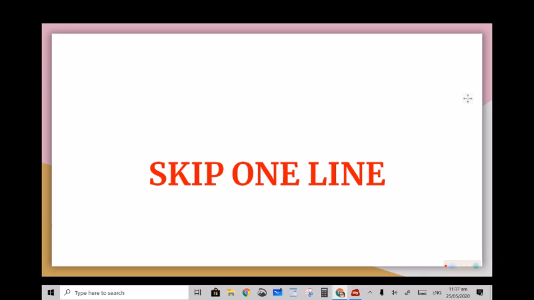Then again, you skip one line. Now again, this is block style. So instead of indenting, each time we move to a new element of your letter, we skip a line. If you are doing the indenting style, then you would not skip any line. For each aspect, you would indent accordingly.